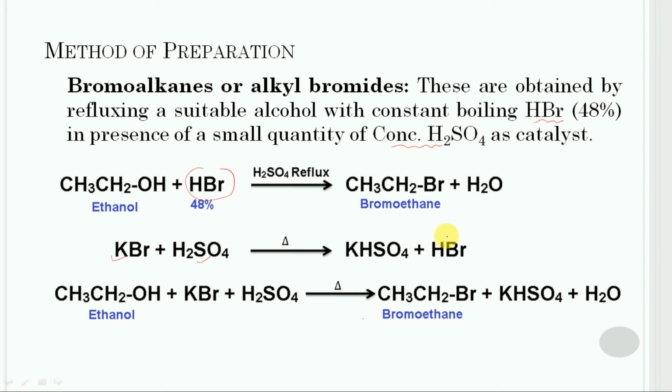So hydrobromic acid will get formed. This is the overall reaction showing the formation of hydrobromic acid within the reaction. So bromoethane will get formed along with these side products.